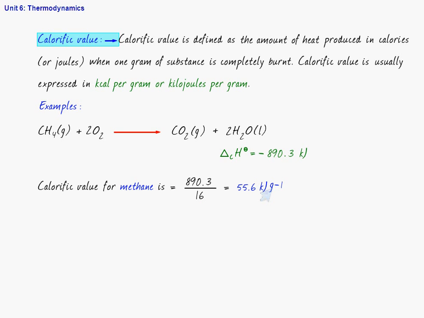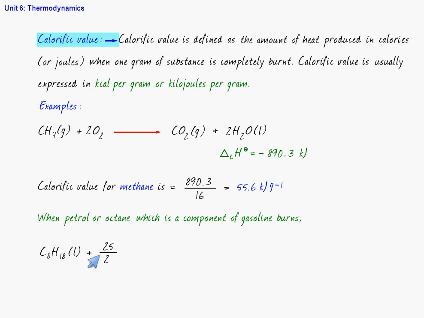Is it clear? Similarly, when petrol or octane, which is a component of gasoline, burns, then its reaction is C8H18 liquid plus 25 upon 2 O2 gas gives 8 CO2 plus 9 H2O liquid. In this case, delta CH naught is equal to minus 5460 kilojoule.